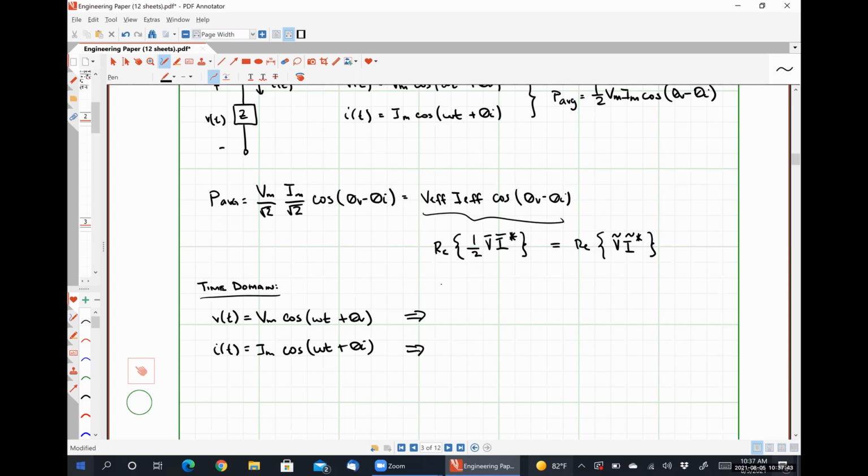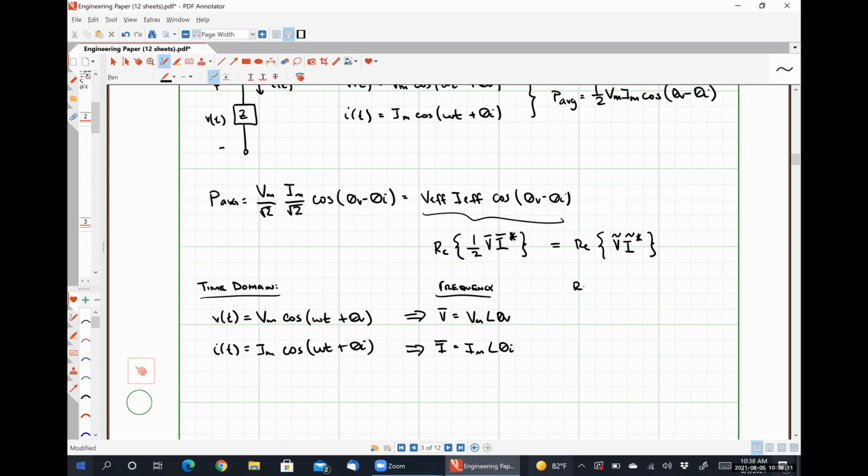In the frequency domain, this looks like V phasor equal to Vm angle theta v, and I phasor equal to Im angle theta I.